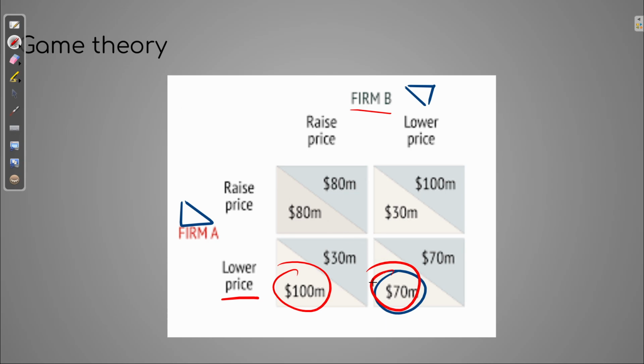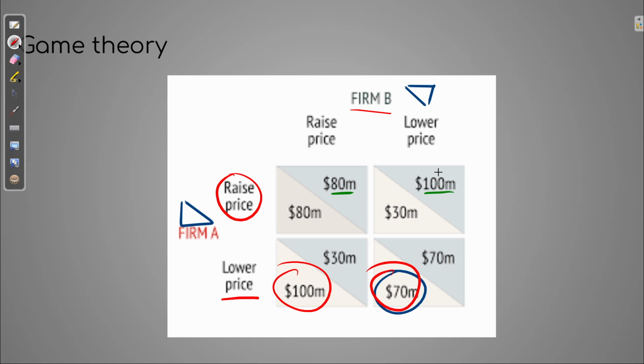Okay, so what's firm B going to do now? Well, if firm A raises their price, which we know they won't, but for this example I'll explain, then firm B can either make $80 million or $100 million: 100 if they lower their price, or 80 if they raise their price.